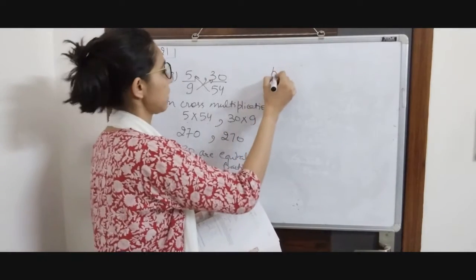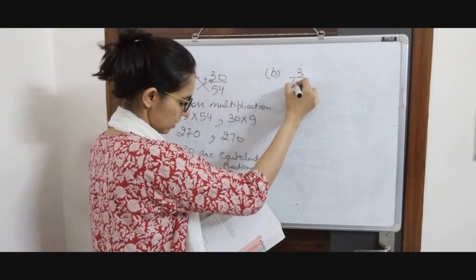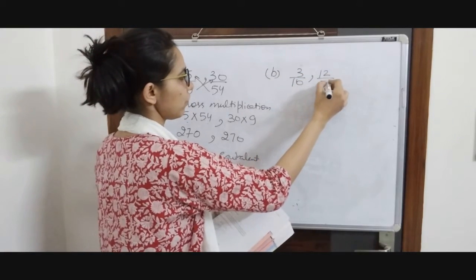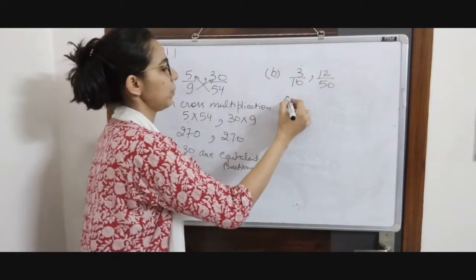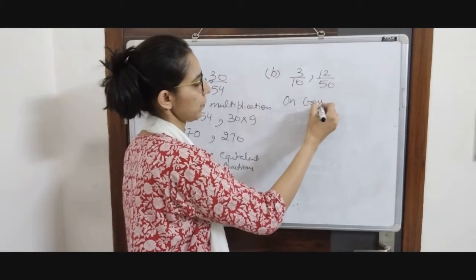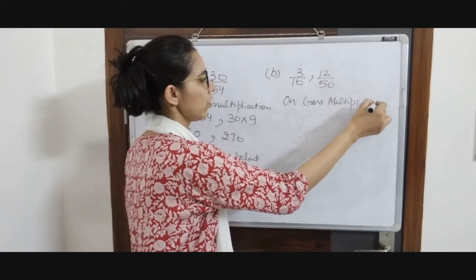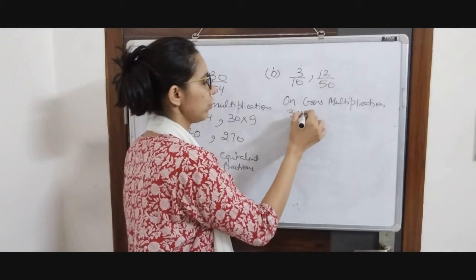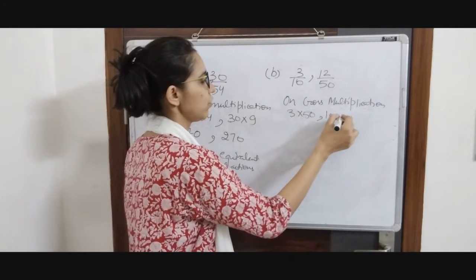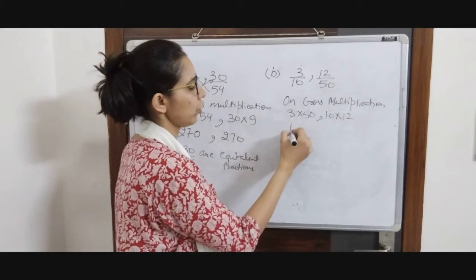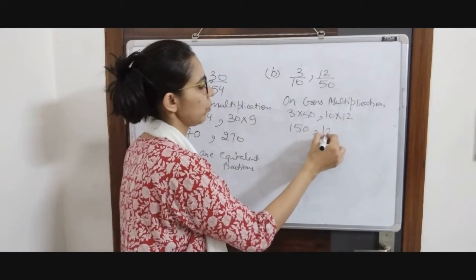We will check for second also. Second is 3 by 10 and 12 by 50. Okay. We will cross multiply. On cross multiplication, we will get 3 into 50 and 10 into 12. So 3 into 50 is going to be 150 and this is going to be 120.